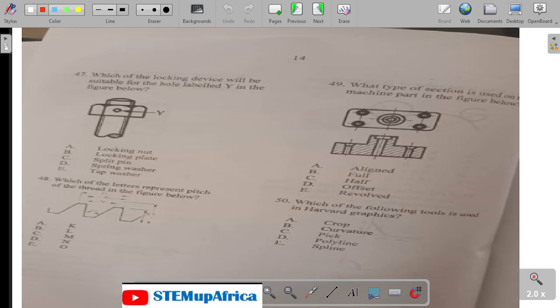That is the locking nut, A. Then 48, so which of the following letters represent the pitch of a thread in the figure below? That should be M, which is C.